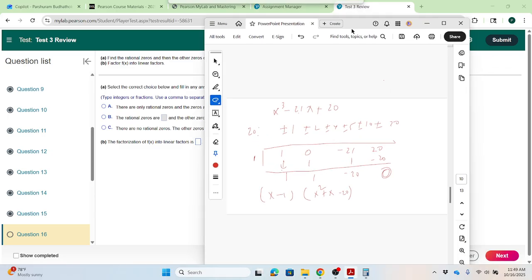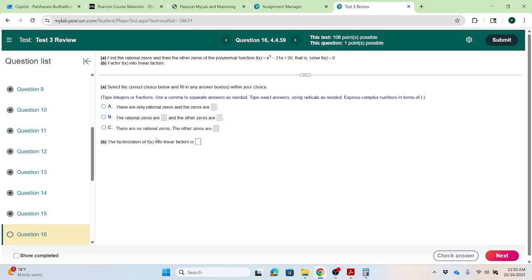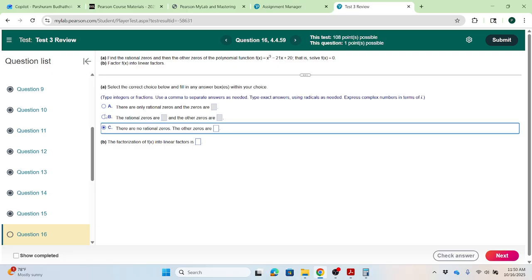So you can factor this as x minus 1, and then x plus 5 and x minus 4, because 5 times negative 4 is negative 20, and 5 plus negative 4 is positive 1. So the zeros are 1, negative 5 and positive 4. Find the rational zeros.